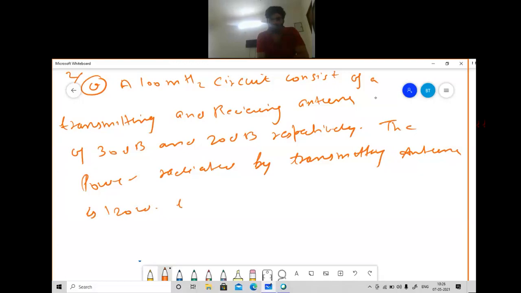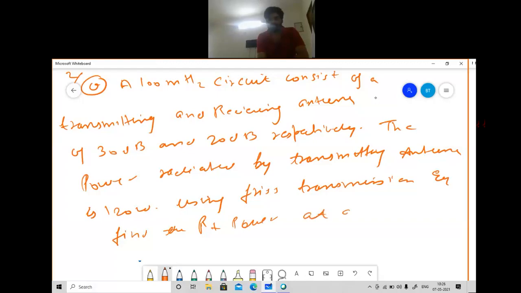Using the Friis transmission equation, find the received power at a distance of 0.75 kilometer over free space.